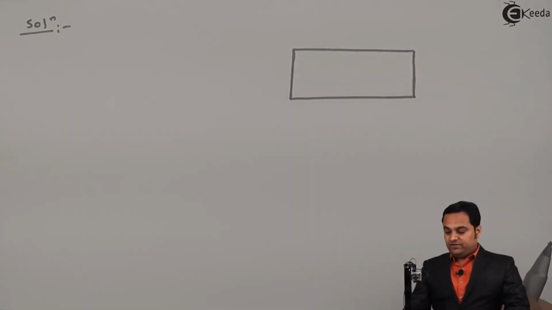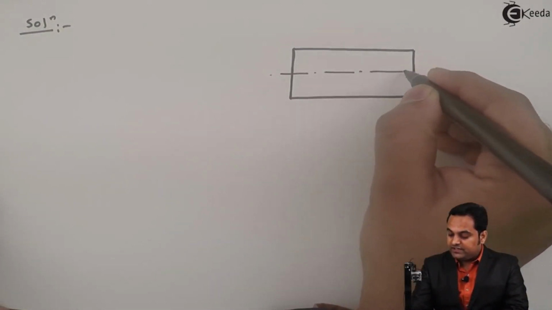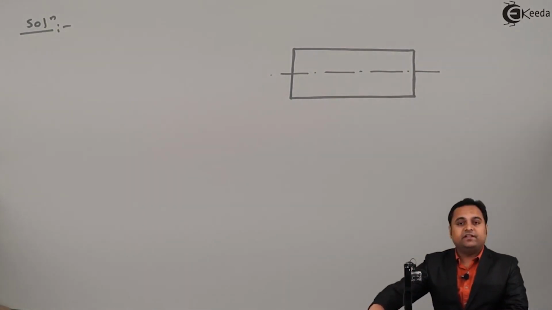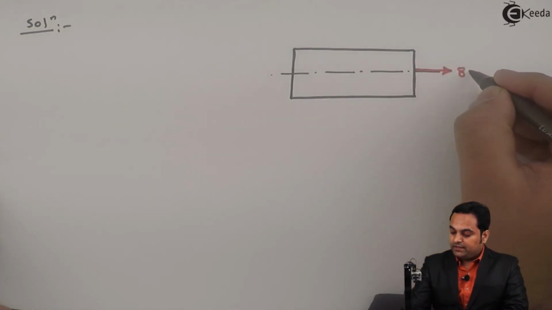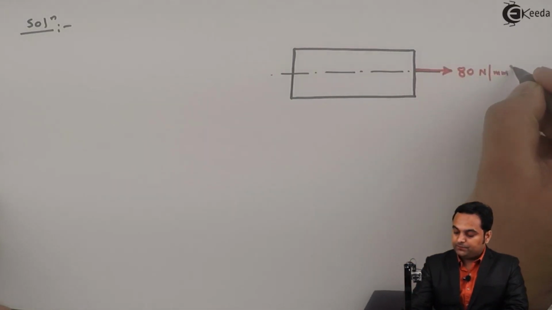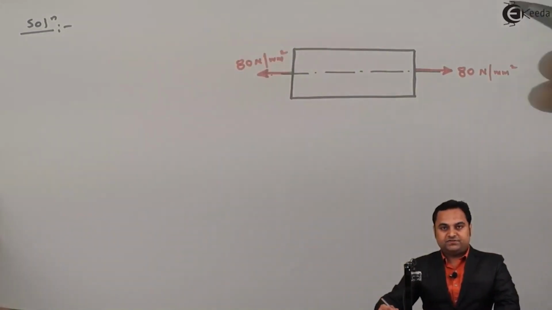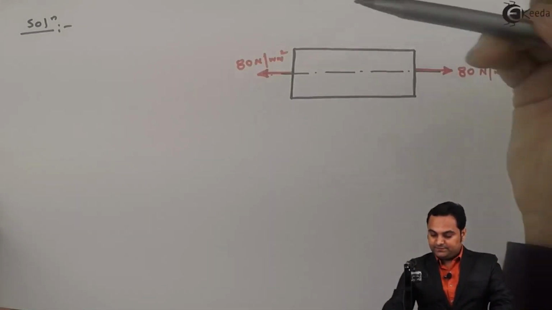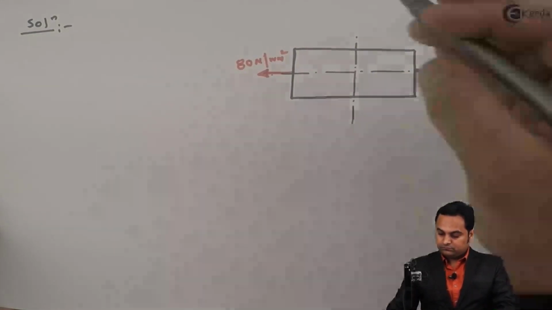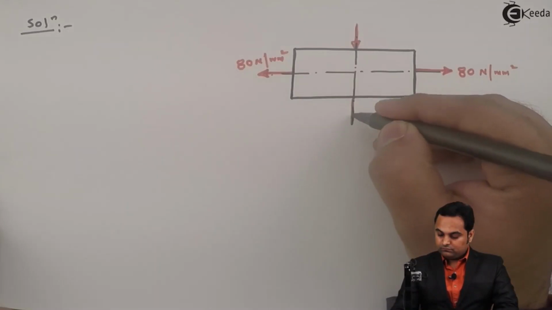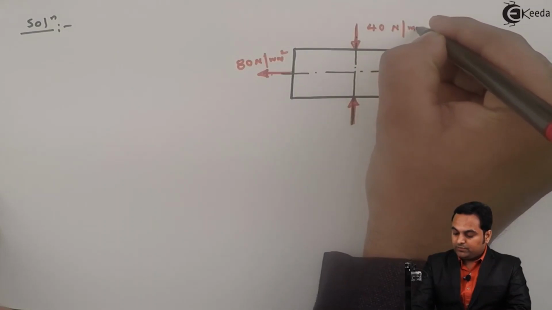Since they have given 80 megapascal as the stress along the x direction and it is of tensile nature, first I'll denote the tensile stress as 80 Newton per mm square having tensile nature, and there is compressive stress along the vertical axis. Its value is 40 megapascal, that is 40 Newton per mm square.